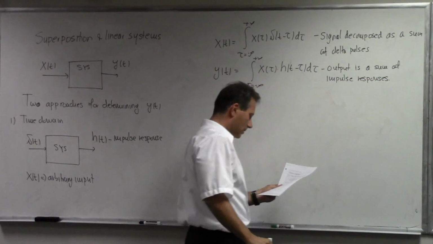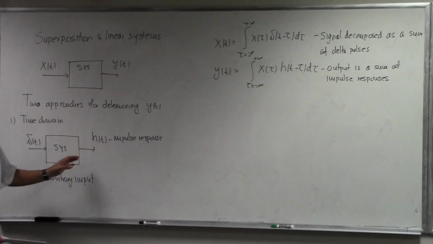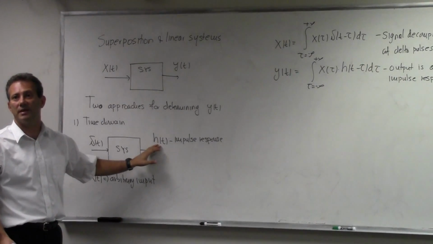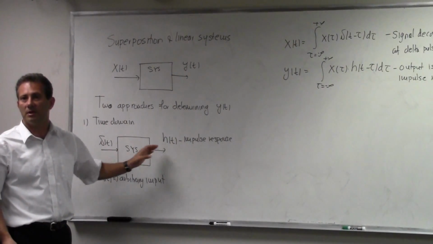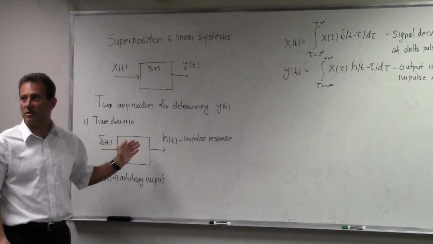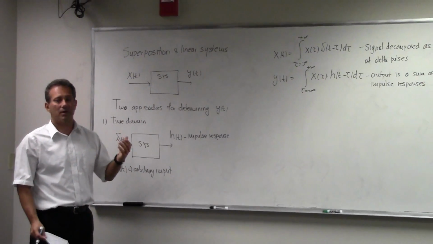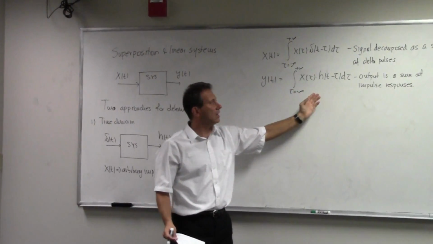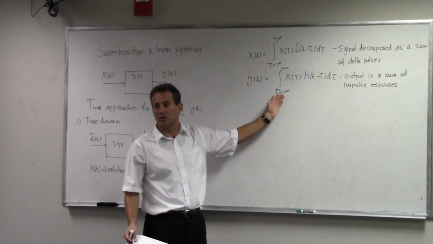And that's one way we can solve that, right? Of course, what is required here is our knowledge of h of t, however we get there. If worse comes to worst, we can put the system in the lab, hit it with something that we consider an impulse, and observe the impulse response. And then your output is going to be a sum of these weighted impulses. How do we call this integral here? It's a convolution.